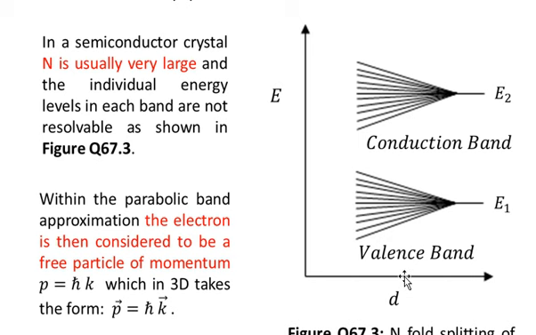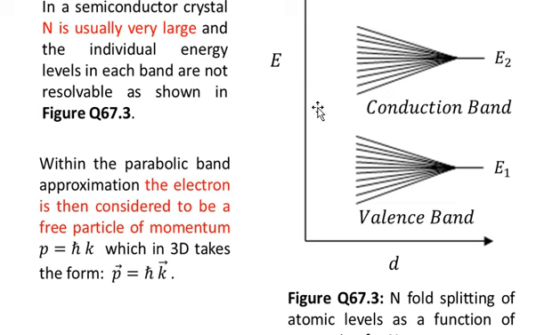If the number is infinite, which is the real case for crystals or semiconductors, and of course D is very small for such materials, then you will find a complete band of levels, a band of energies, both for the valence band and for the conduction band.